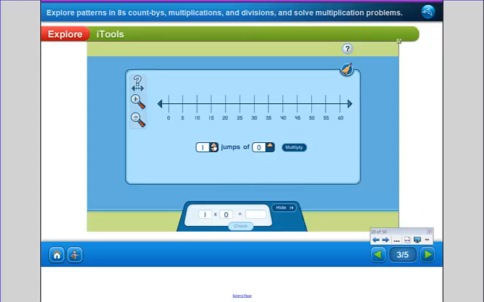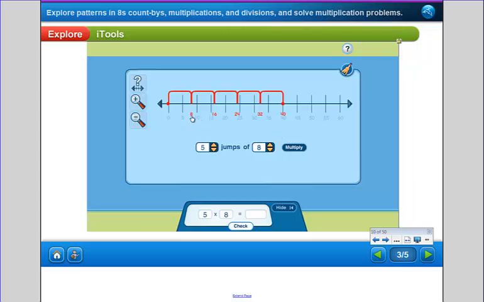Let's do 5 jumps of 8. If we use the number line, we can find out what 5 times 8 is. And if we multiply, it's going to show us that it goes 1, 2, 3, 4, 5 jumps to get to 40.